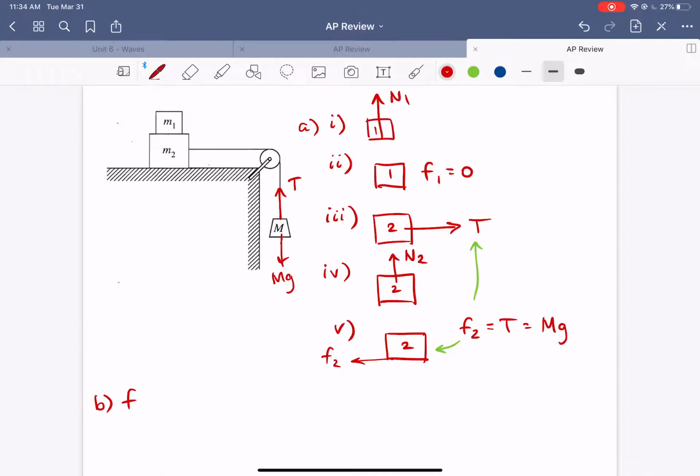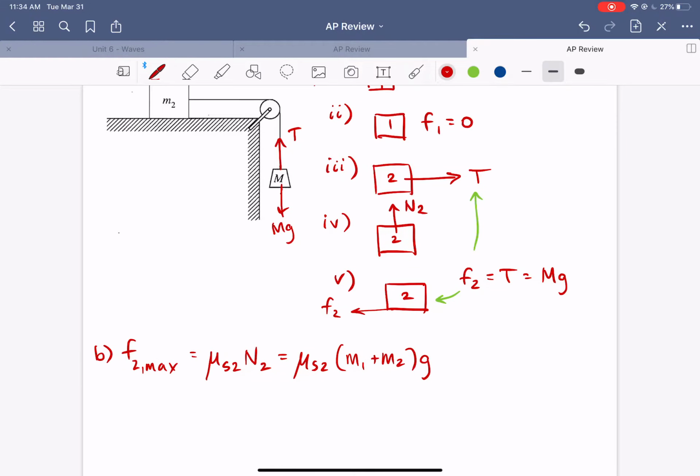The first point you get by noting that the maximum friction force, since this is static friction, is going to be mu S2 multiplied by the normal force between block 2 and the table. And that normal force should equal the total weight of these two blocks. All right, so that's sort of the first point that we can get here.